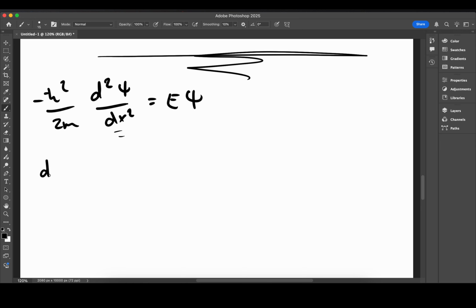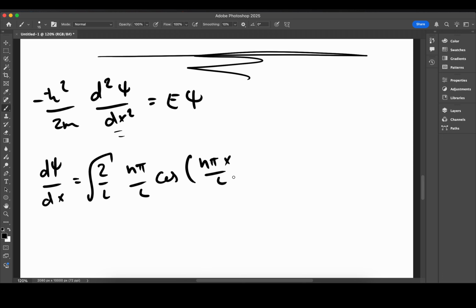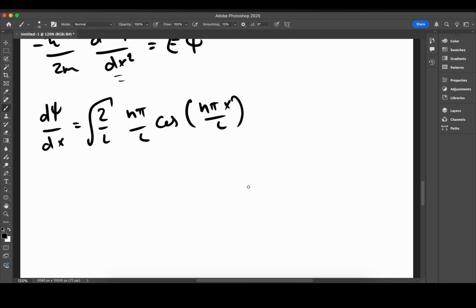So I'm going to differentiate it twice, and we get that this is root 2 over L, that factor stays out front, and then we get n pi over L cosine of n pi x over L. These derivatives are all pretty straightforward.